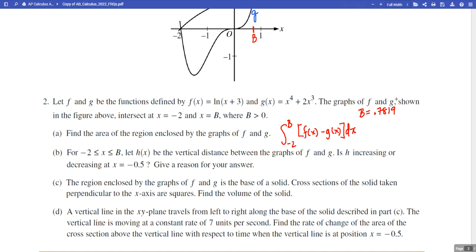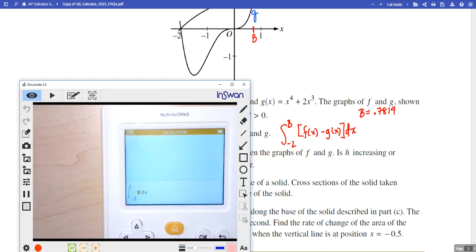Let's go back home and make a computation. We want an integral from -2 up to 0.7819.